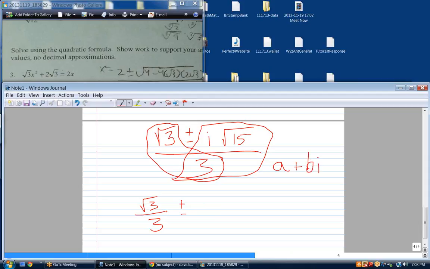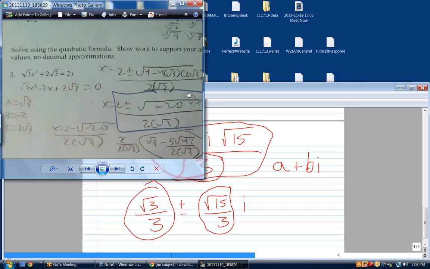I don't know how much your teacher is going to insist that you have it exactly in this format. If she wants it in this format, then I have to make it square root of 15 over 3 times i. In other words, this is A, this is B, when you get it in the final format.